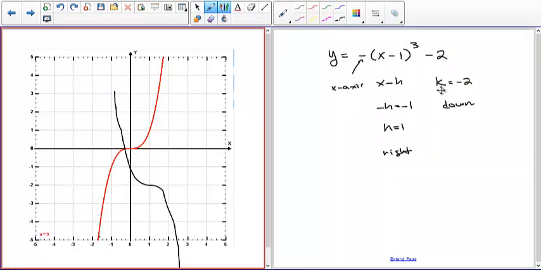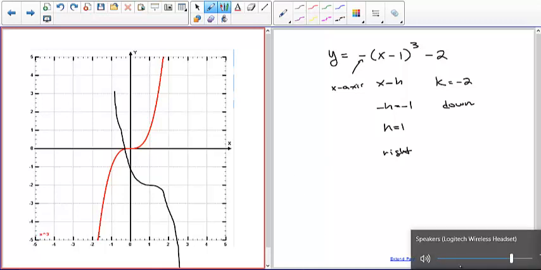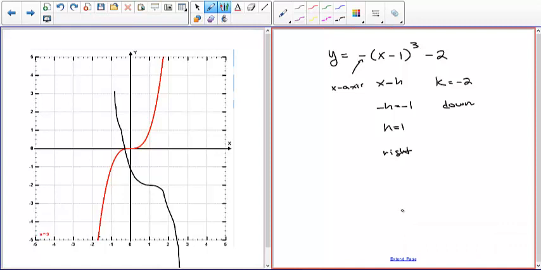Now the third case is if you have a negative sign inside. So how does that work? Let's say you have negative x plus 3, cubed, plus 1. Again, you have to factor a negative sign out of both terms that are in the parentheses.